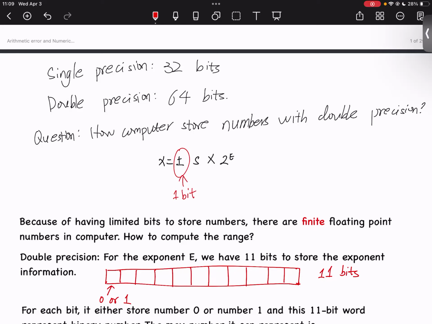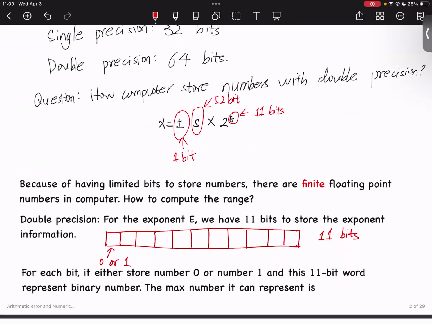For the significand, we have 52 bits, and by default the base is 2, right? For the exponent E, we have 11 bits to store the information. This is how the computer distributes the bits for number storage, and this is the double precision, for example. Any questions here?